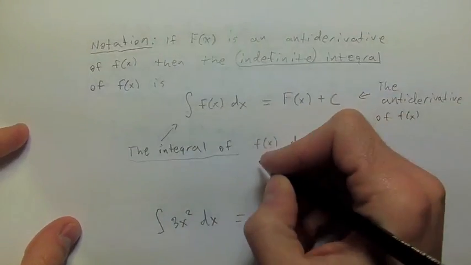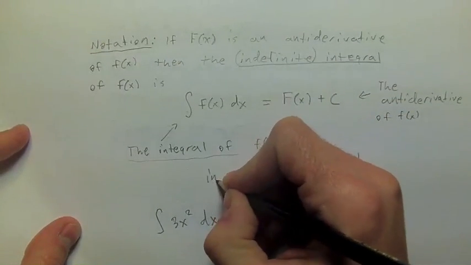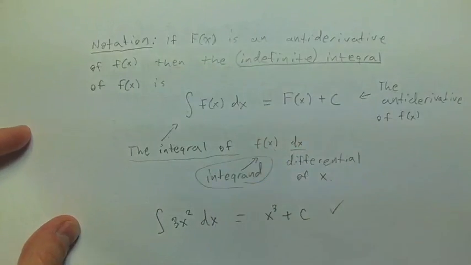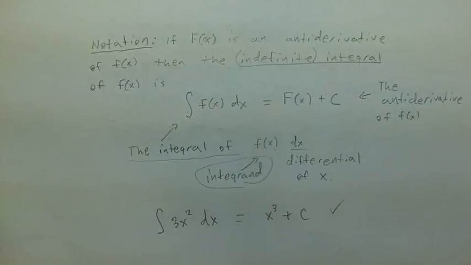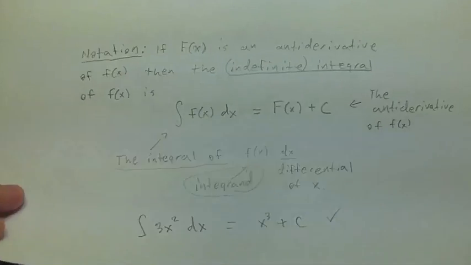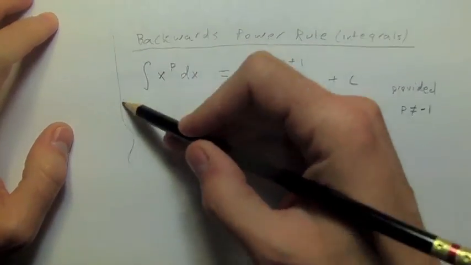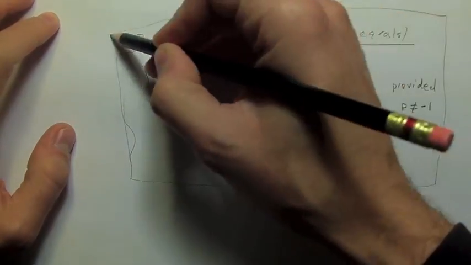This f of x is called the integrand. That's the thing being integrated. So when I talk about the integrand, that's what I'm talking about, the thing being integrated. So there's the backwards power rule.